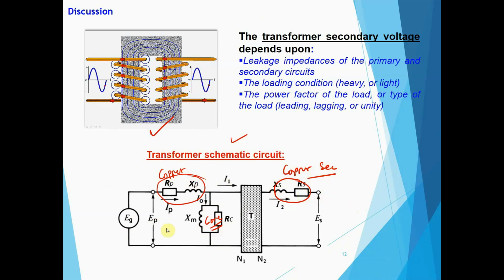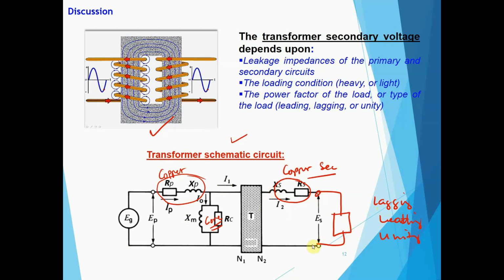We're going to use this circuit to analyze the voltage regulation. It means that with this circuit, when we connect a load here, whether the load is lagging, leading, or unity power factor, it has an effect on the secondary voltage, right?